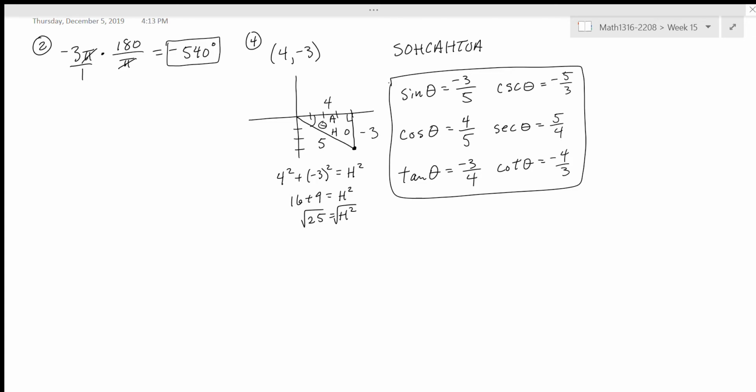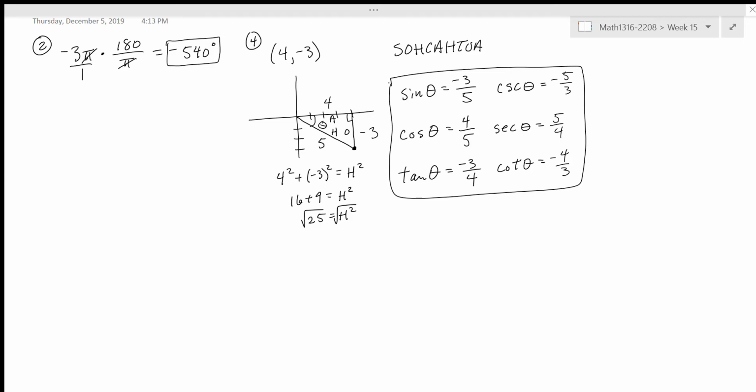When you do the reciprocal of a fraction, the sign is not affected. If you flip a fraction over, it won't change its sign. Any other questions? Are you ready to move on?